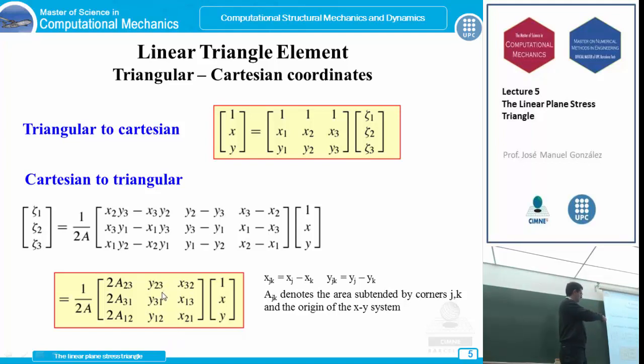This is y23, and the same with the x. And here, this product is called this area defined by these two nodes, these four coordinates, and we call it in this way. A23 represents this double product between x and y, changing the subindex of the two variables. So now these triangular coordinates are expressed in a simplified notation using this matrix here. Okay. So this dependence between these two coordinates is expressed in this way in the two senses, depending on the coordinates of the nodes.